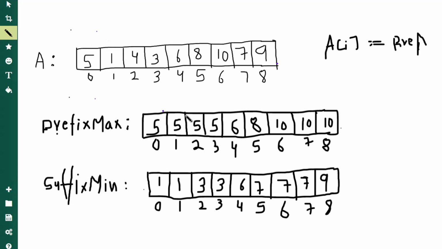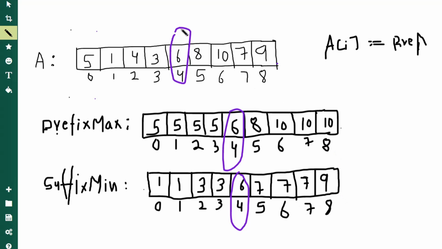For the first element it's not equal, for the second element it's not matching, for the third element it's not matching, for the fourth element it's matching with prefix max, and this is also matching with the suffix min. So at this index all the three values are matching.